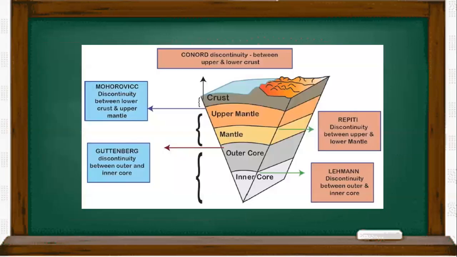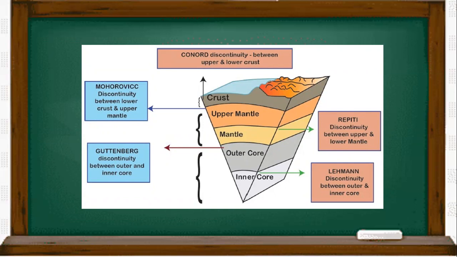Now, interfaces mark the boundaries between layers of the Earth. So as you can see, this discontinuity is the interface between the upper and lower crust. The Mohorovičić discontinuity is the interface between the lower crust and upper mantle.